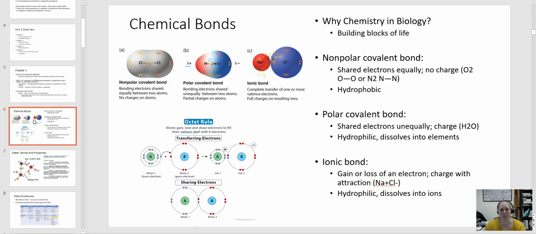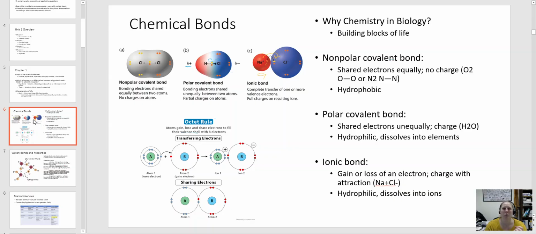Okay, polar covalent bonds do share electrons still because they are a covalent bond, but they share those electrons unequally, and it results in a charge. One of the nuclei of the atom is going to pull the electrons closer to itself with its protons, and that is going to make that atom slightly negative and the other one slightly positive. Water is a fantastic example of this because oxygens are larger than hydrogens.